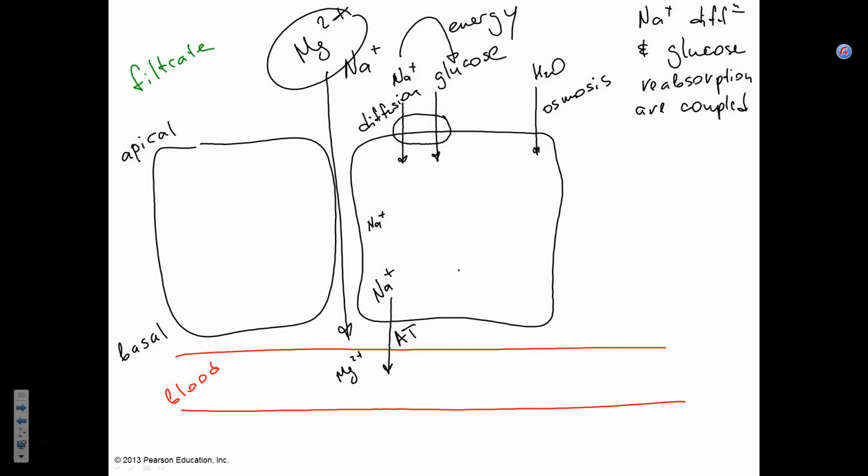So these reabsorption events happen in different parts of the peritubular capillaries. So it's a very dynamic process. And the concentration of filtrate will be changing along the proximal convoluted tubule or nephron loop or the distal convoluted tubule. Are we clear? The concentration of filtrate is constantly changing.